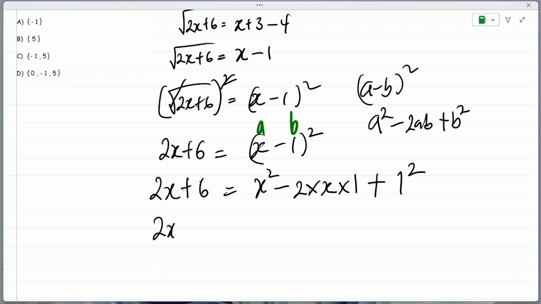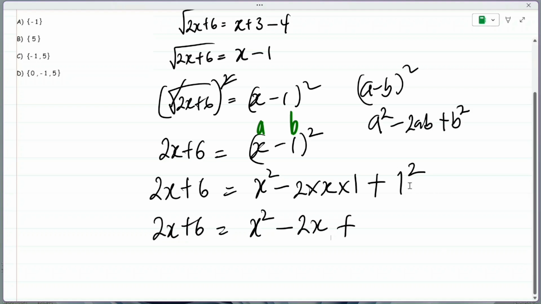You have 2x plus 6 equals x squared minus 2 times x times 1. You can say 2 times 1 first, that's 2. The result, which is 2 times this x, is 2x. 2x times 1 is still 2x. Anything times 1 is that same thing. Plus, you have 1 square. 1 square is 1 times 1, not 1 times 2. 1 times 1 is 1.